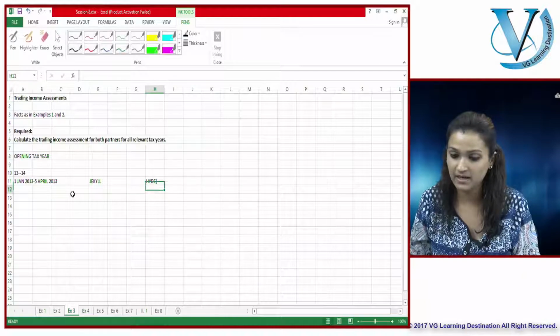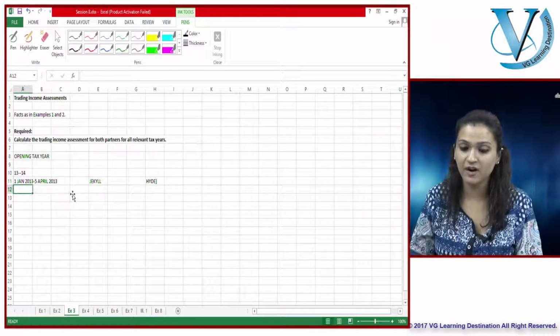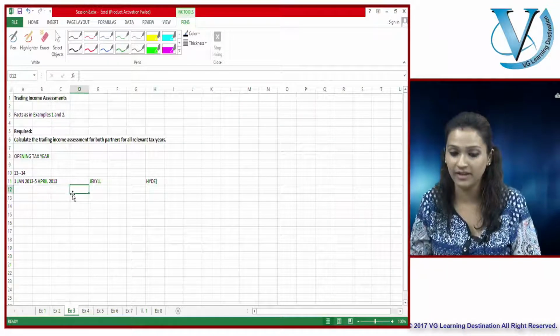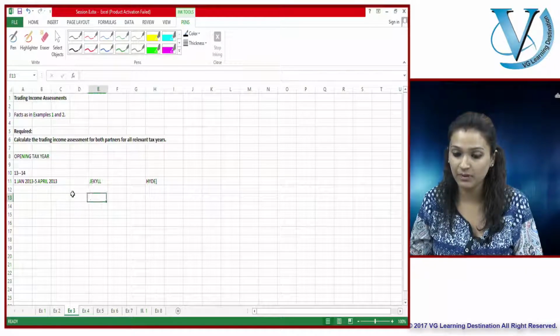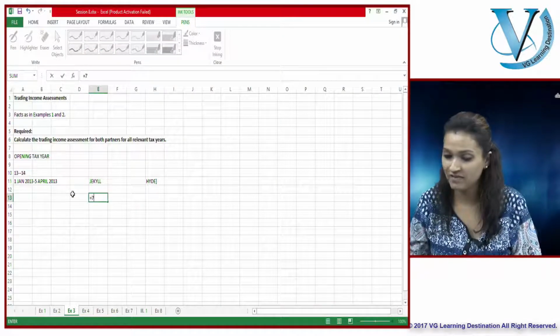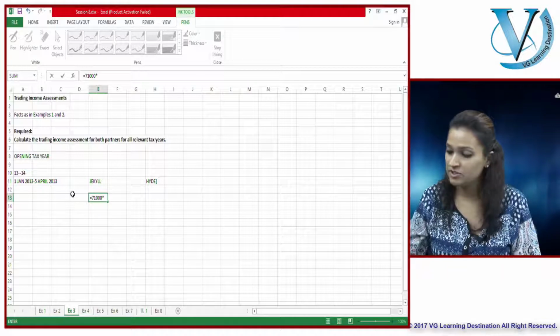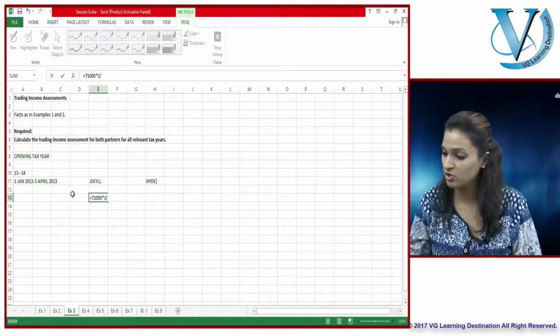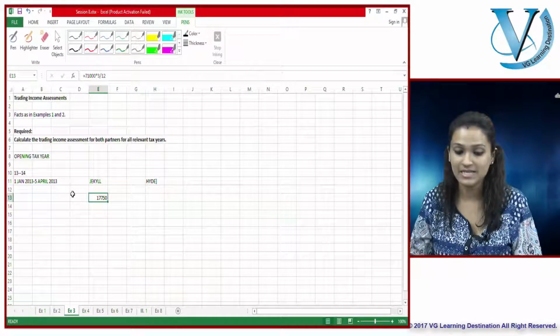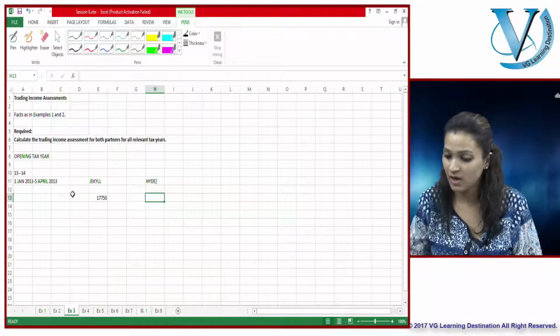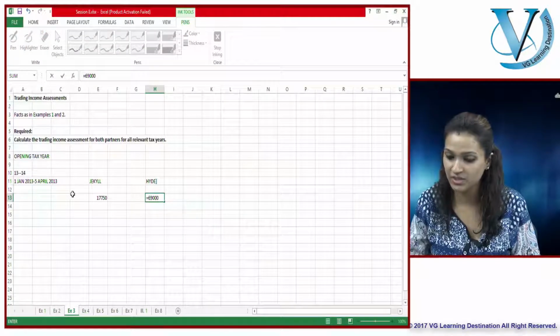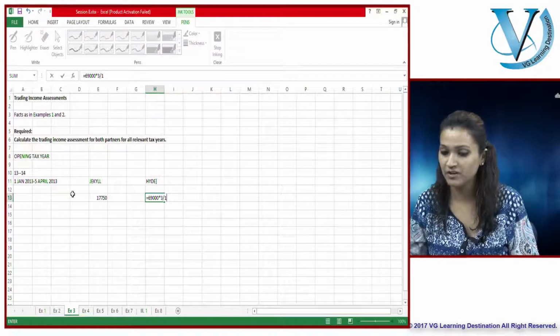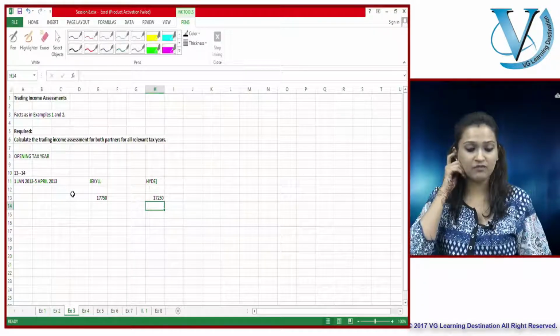So the first 3 months gets allocated. This was 71,000, only need to take 3 months profit out of the total 12 months profit given to us. Similarly, here it was £69,000, you need to take 3 months profit out of the total profits given to us.